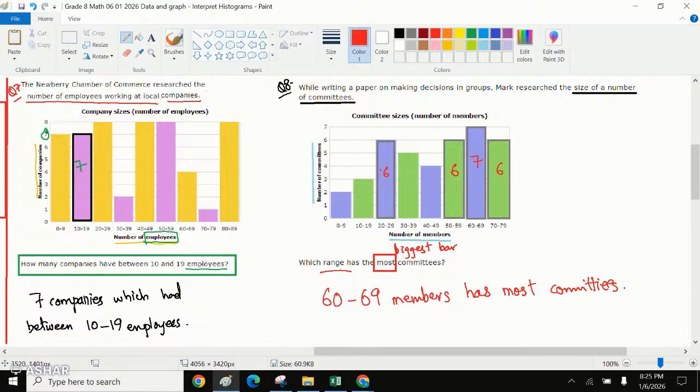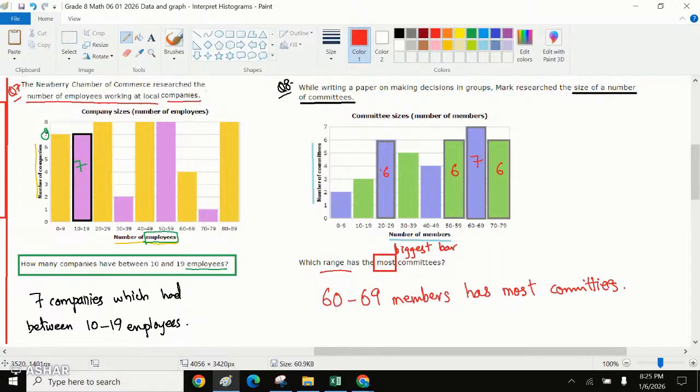And the minimum would be 0 to 9. Having 0 to 9 members were only 2 committees. That means the least number of committees had 0 to 9 members. So depending on the question, we look at the bar. When it is the biggest or the maximum, we go with the highest bar.